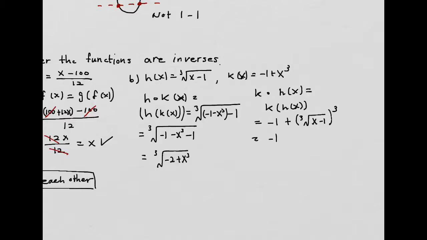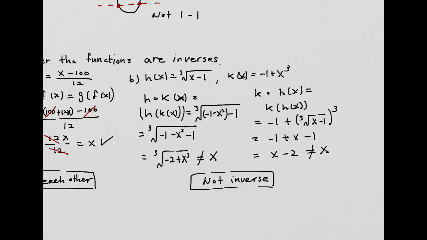The cube root and cube cancel out each other, and you end up getting plus x minus 1. Again, you get x minus 2. This is not the same as x, and this is not the same as x, so they are not inverse to each other. But if you see one that's not inverse, you don't have to try the other one.